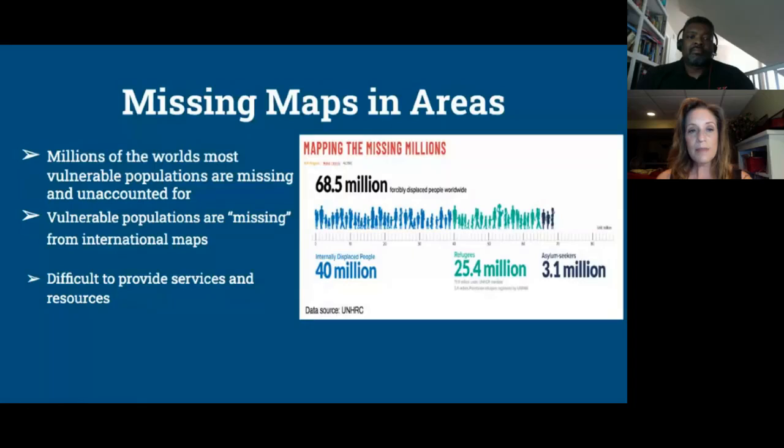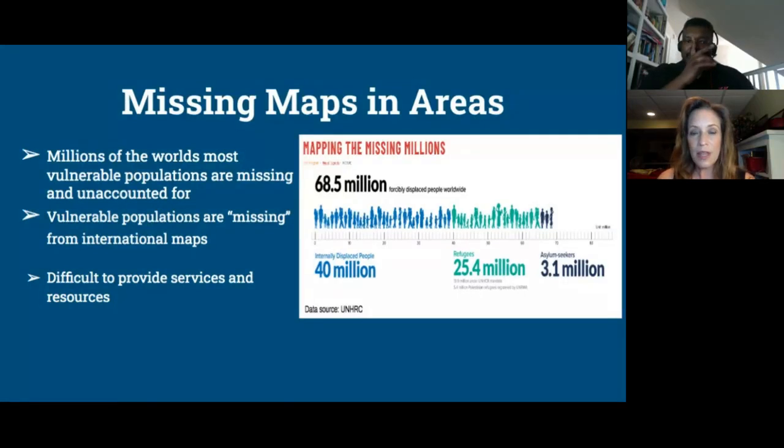So when we're looking at missing maps and areas, there are millions and millions of the world's most vulnerable people, like I said before, that are missing and not accounted for. I think it's really important to emphasize to our students that if people are not mapped, then they might not be taken into consideration when governments or corporations are making decisions about how they're going to use that land.